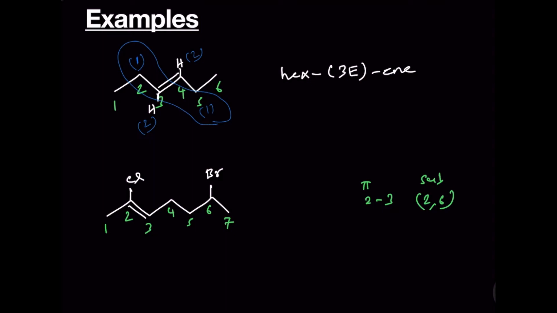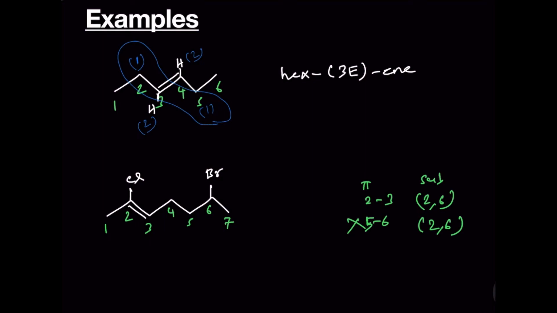We should not do the numbering the other way around, because if you do the numbering the other way around, then the pi bond will appear between 5 and 6. That we should not do. Even though the substituents will still be at 2 and 6, you will be giving a higher number for the alkene. That we should not do. Therefore, this numbering scheme that we have done is correct, left to right.